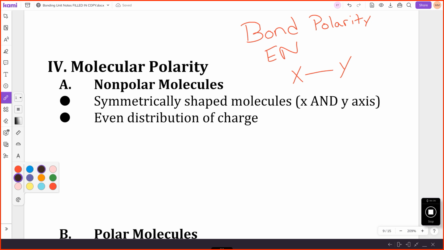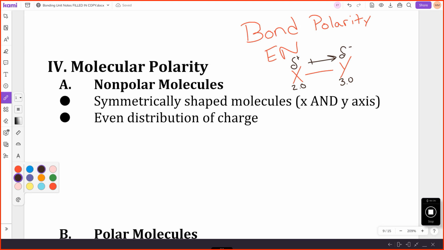In this case, let's just say Y has a stronger pull, so we could call it a 3.0 versus a 2.0. In this example, the electrons are being pulled in this direction, causing our partial charges on the left and the right side of this bond.